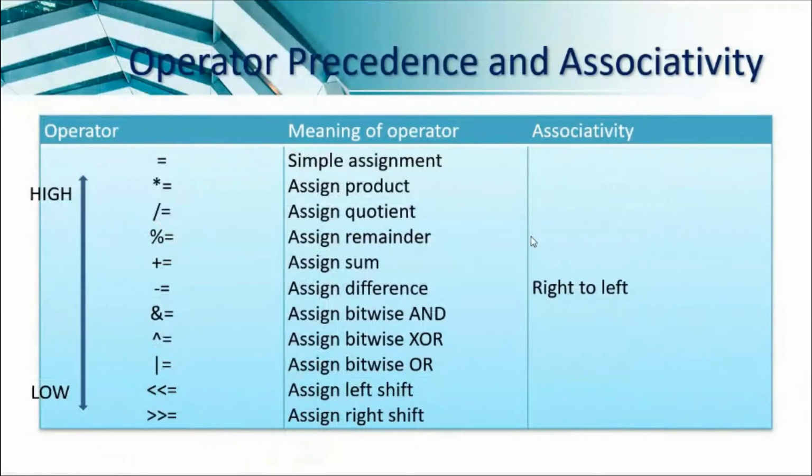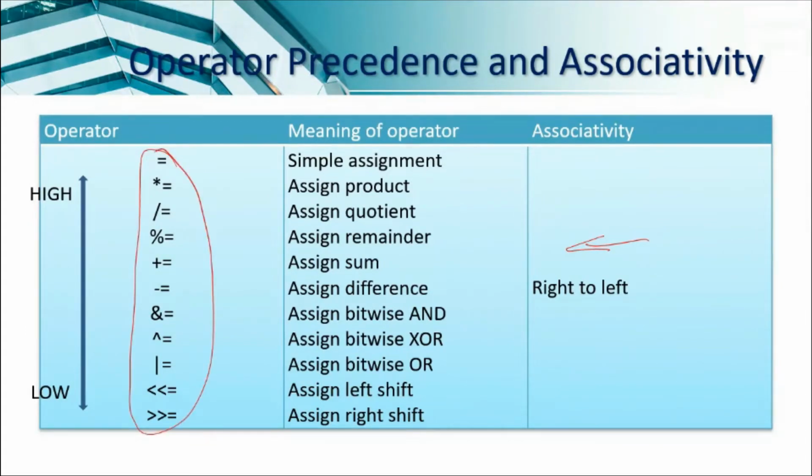And there are some other operators, the assignment operators, also. In the case of assignment operators, all the assignment operators have almost the same precedence. Their associativity is from right to left. There are different types of assignment operators.